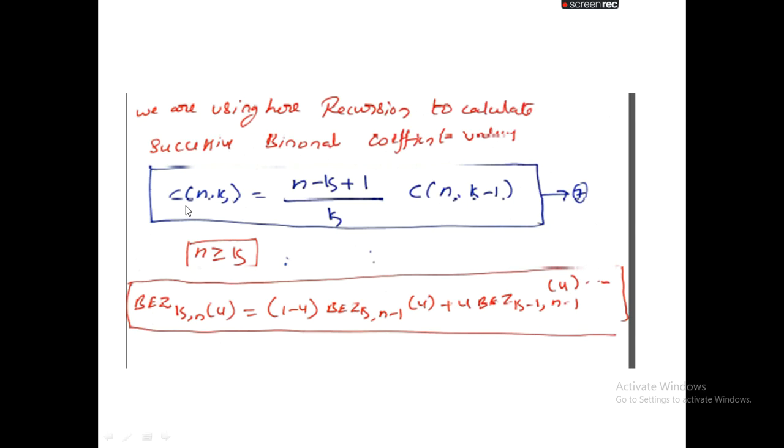Like that, C of n k is a function, a binomial coefficient, and it recursively calls itself by substituting k minus 1, k minus 2, k minus 3. So this is our equation number 7, and we expanded our blended function for recursion like this. You need to remember these equations.